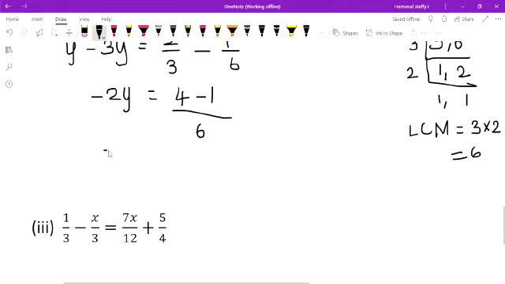Then minus 2y equals 4 minus 1, which is plus 3. 3 by 6, in the simplest form, 1 by 2: 1 threes are 3, 2 threes are 6. 1 by 2. What is the next step?